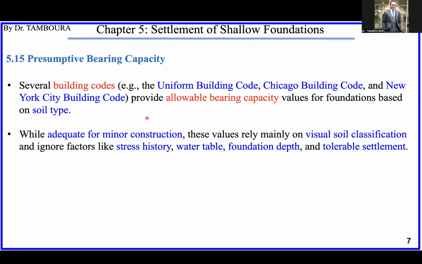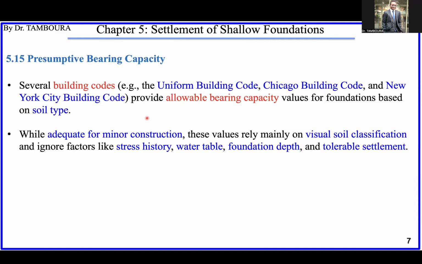But these standard, they are giving these value for visual soil classification. Mainly, it is based on that.